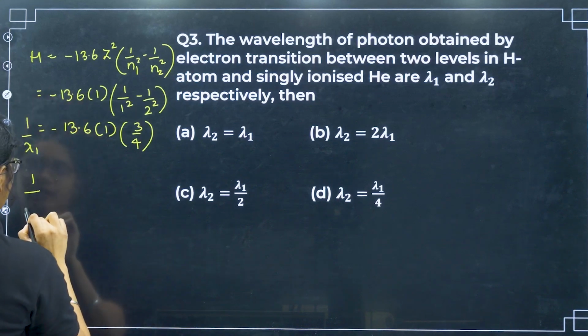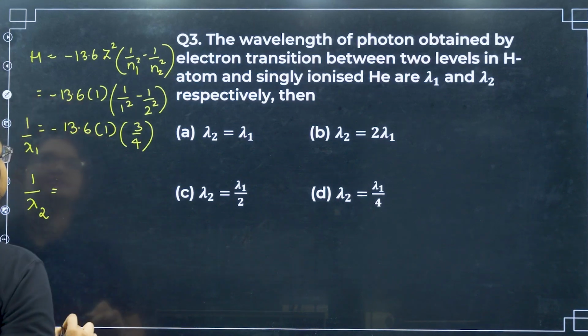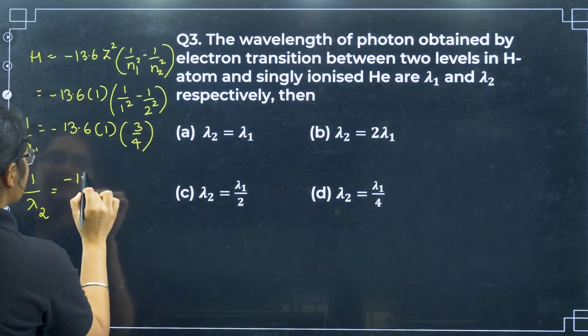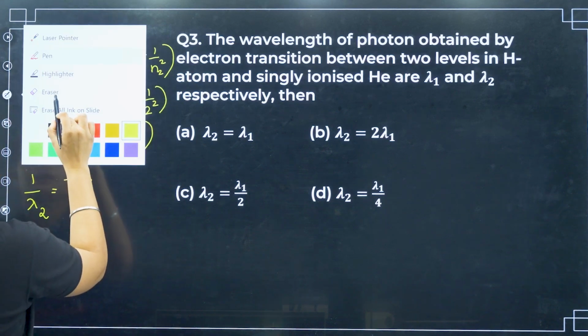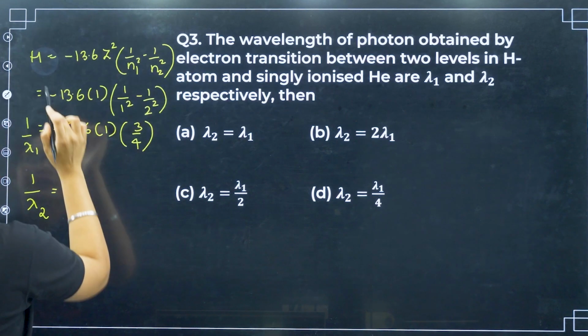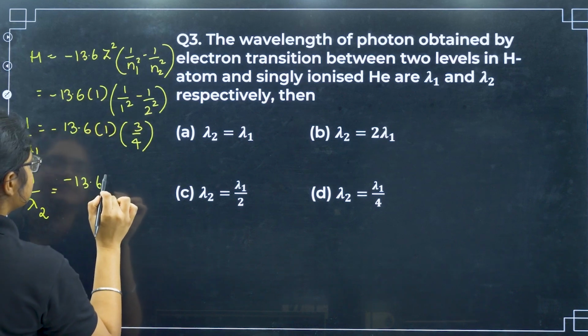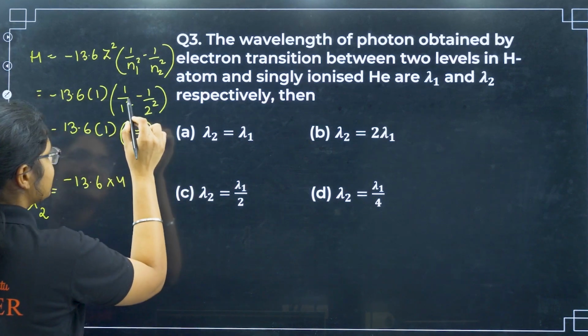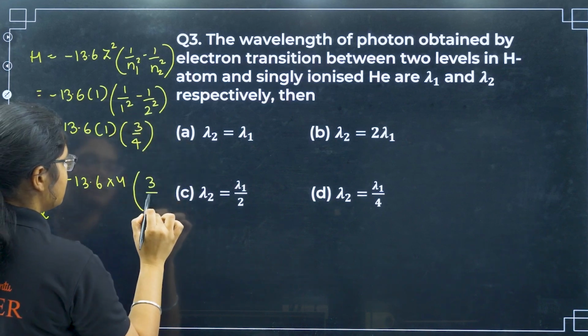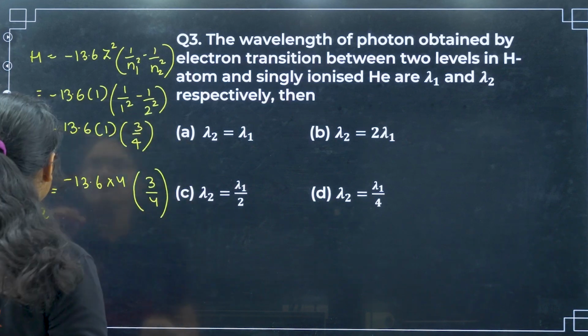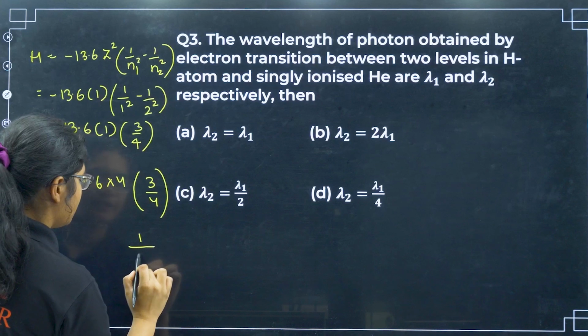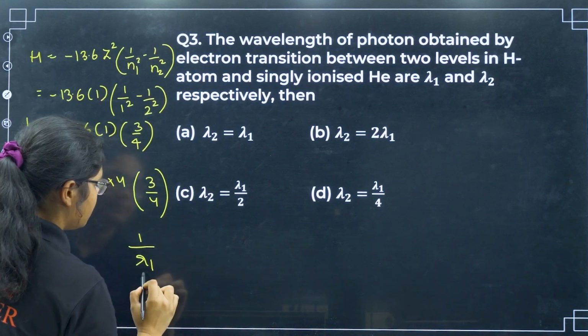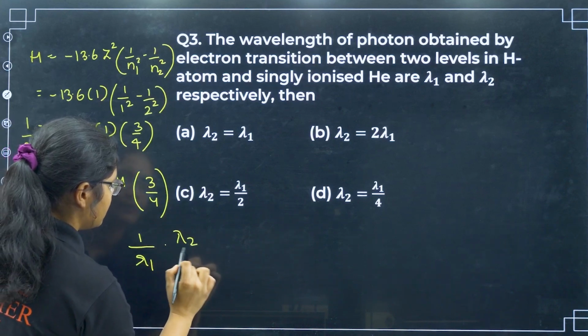Now 1 by lambda 2, if I want to calculate, what is that value? Minus 13.6. Now this is for helium. Okay, I am doing for helium. Minus 13.6 Z square, for helium Z square is 4. Okay, and same 1 by 2 in this one will give me 3 by 4. Now if I just take a ratio of this one, 1 by lambda 1 divided by 1 by lambda 2, that will be equal to lambda 2 by lambda 1.